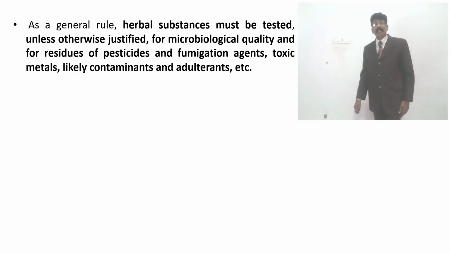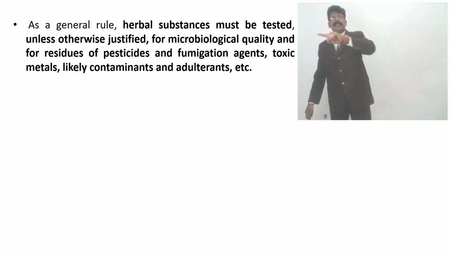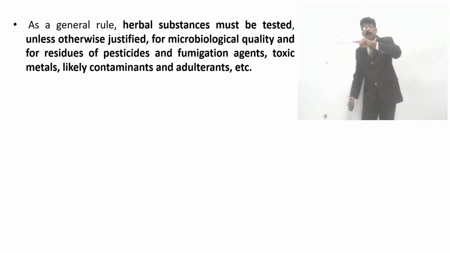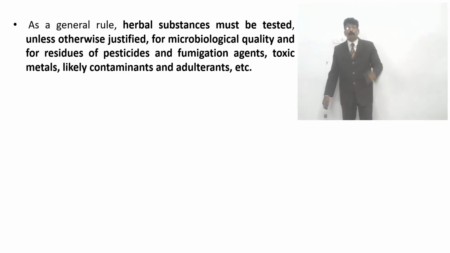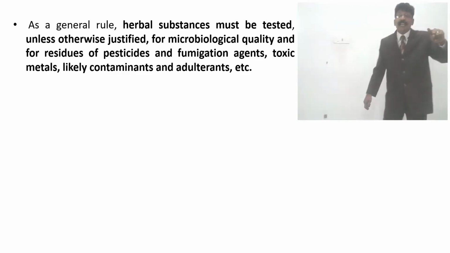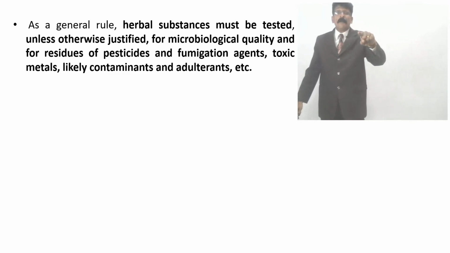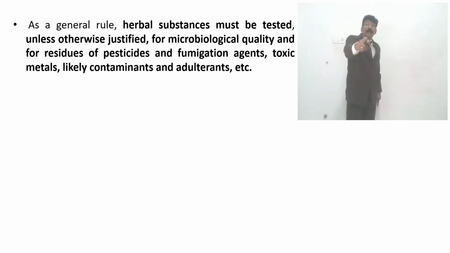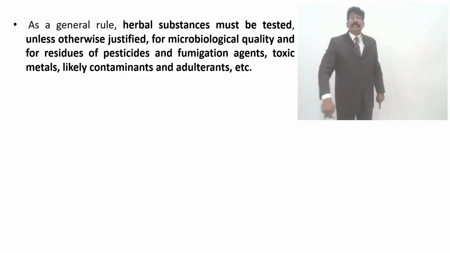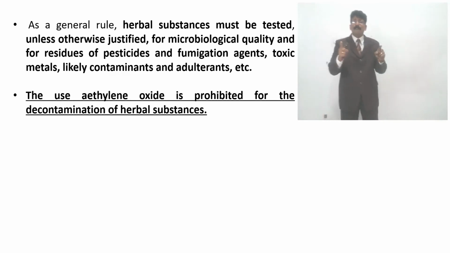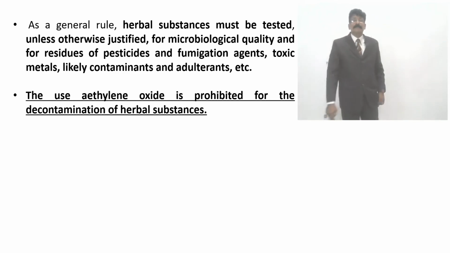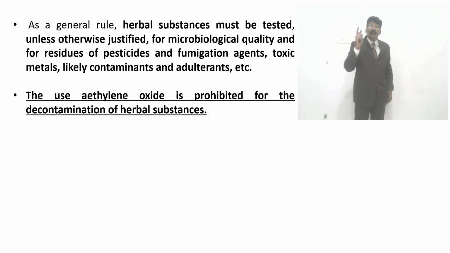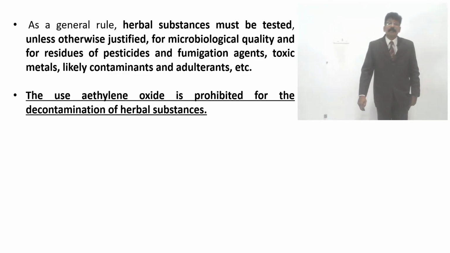As a general rule, herbal substance must be tested, unless otherwise justified, for the microbiological quality and for the residue of pesticides and fumigation agents, toxic metals which may be present, and contaminants and adulterants, etc. The use of ethylene oxide is prohibited for decontamination of herbal substances.